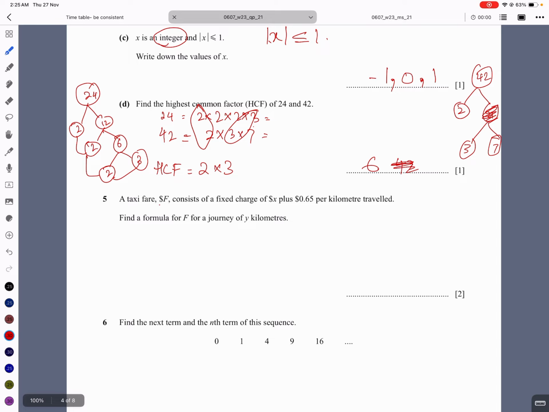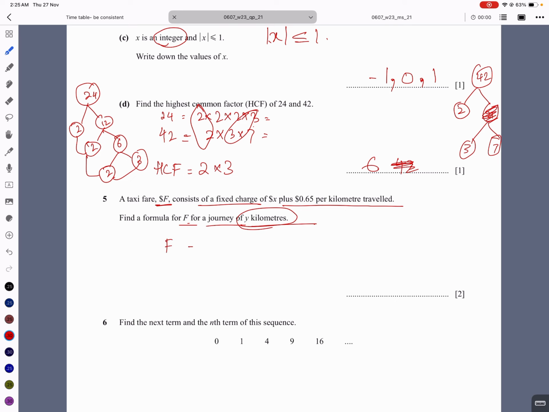A taxi fare F consists of a fixed charge of X plus this travel. Find the formula for F for a journey of Y kilometers.